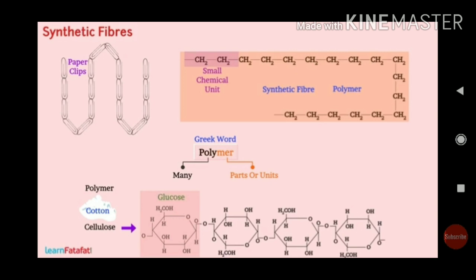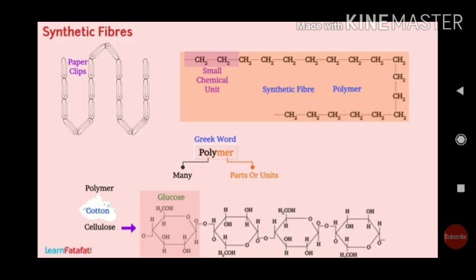A monomer. Each single unit is called a monomer. So all these monomers are attached to each other like this and form a big pattern, and that pattern is called a polymer. See, the word itself tells the meaning of poly.